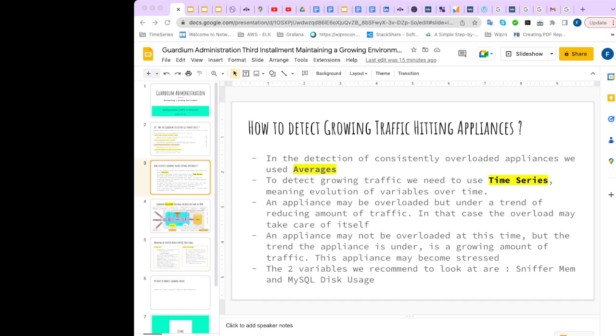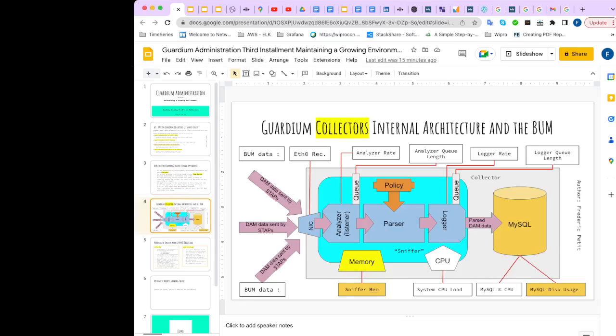And the two variables we recommend to use to look at these are the sniffer memory and the MySQL disk usage. If we look at the architecture of collectors, as I presented a few times before, you're probably a little bit familiar with this diagram now.